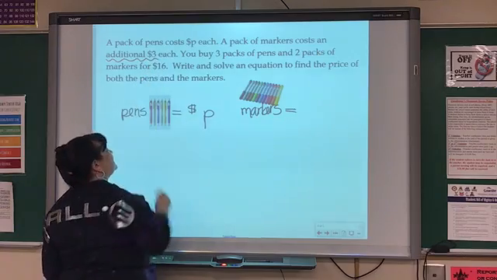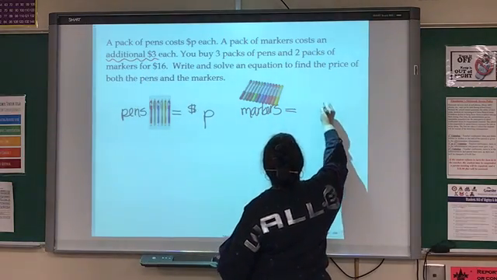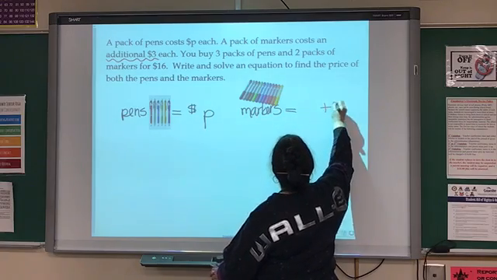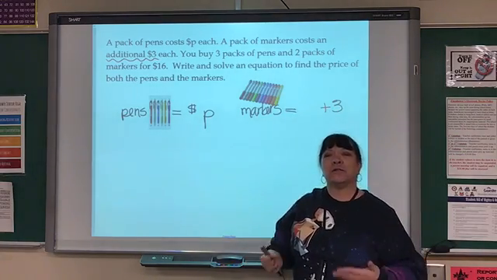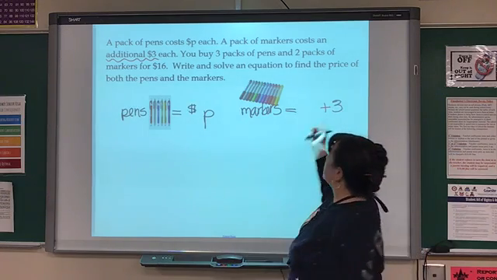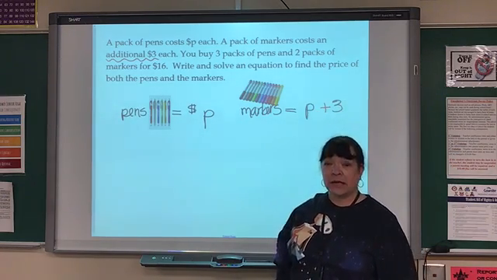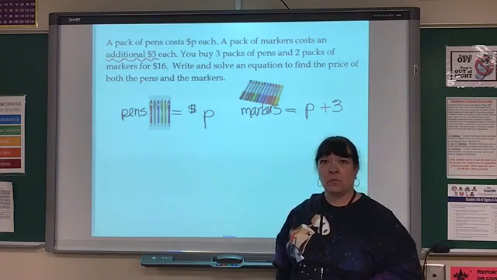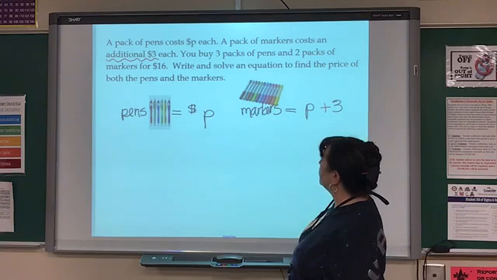What is that additional? I need to add 3. What am I going to add it to? Oh, they're $3 more than the pens. So I'm going to put P plus 3. Oh, that wasn't so bad. I can see my visual right there.